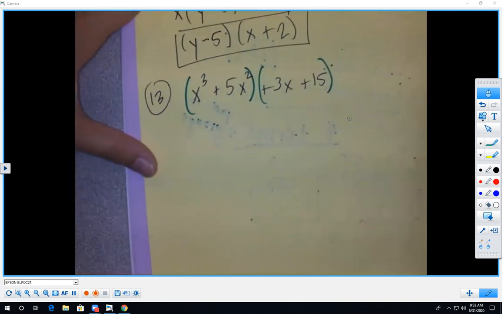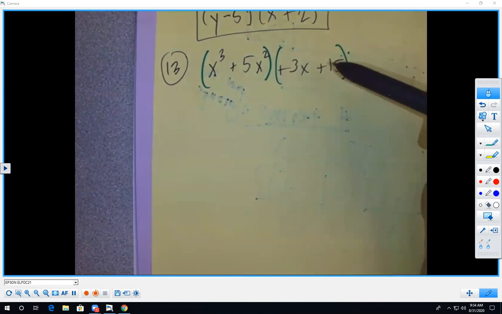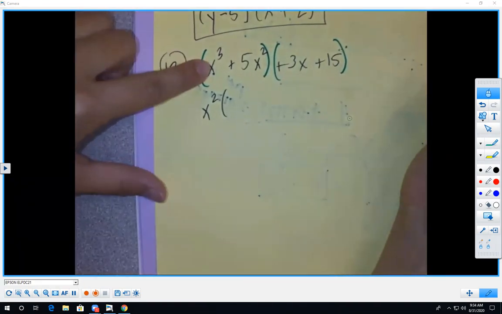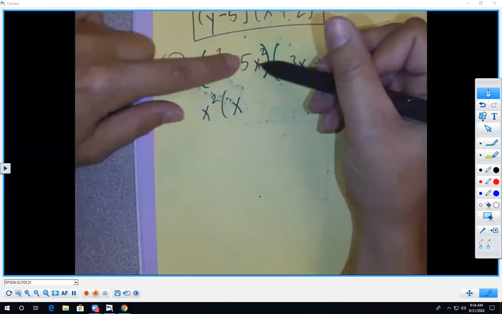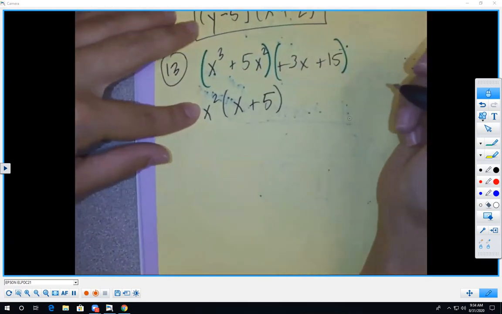Okay, so the first two, x cubed and 5x squared, what's the GCF there? X squared. So you can take out an x squared. X cubed divided by x squared, what's left over? Just an x. And then 5x squared divided by x squared is 5. So x plus 5.